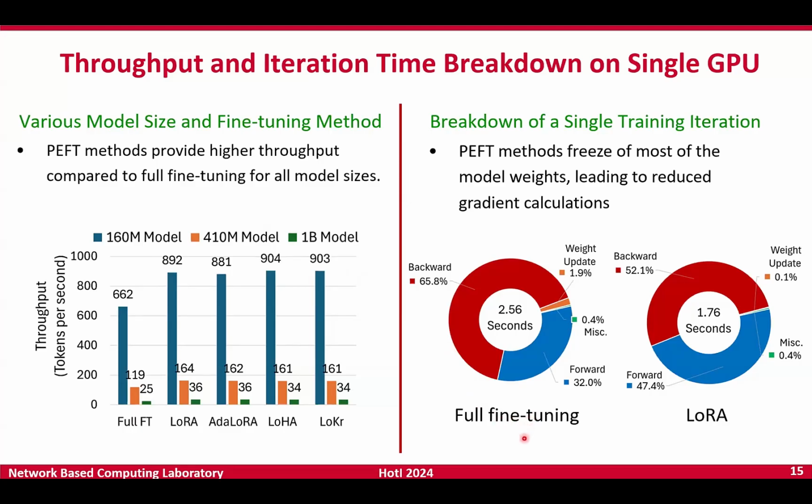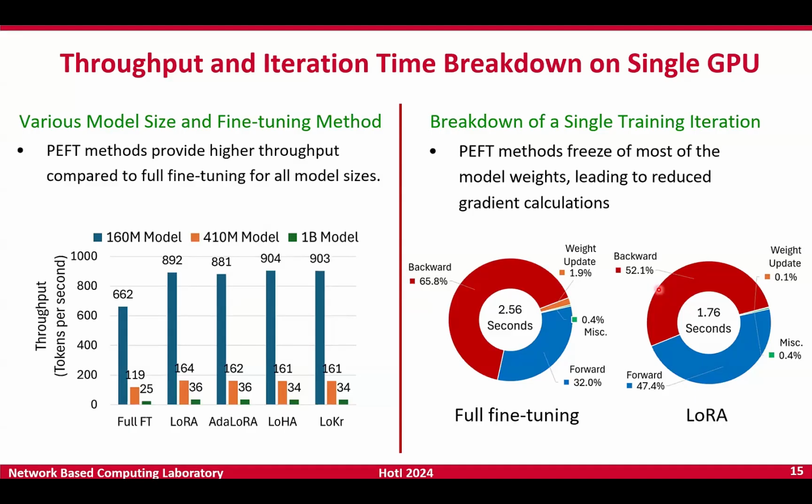At the right there is a breakdown of a single training iteration. We can see in the pie chart that the total time for full fine-tuning is 2.5 seconds, and the backward pass takes the most time for the training iteration.